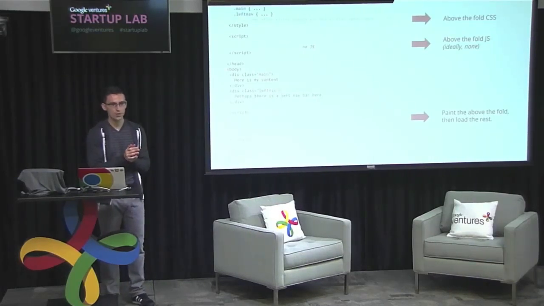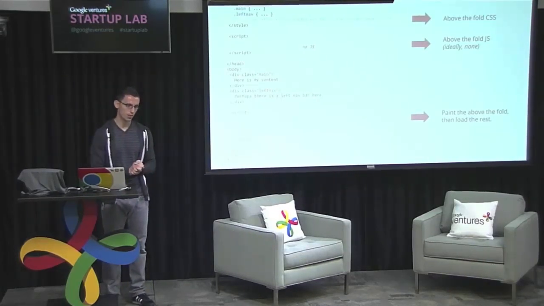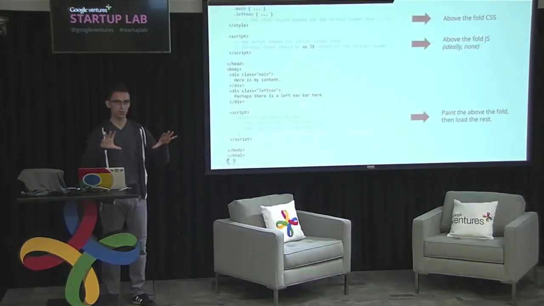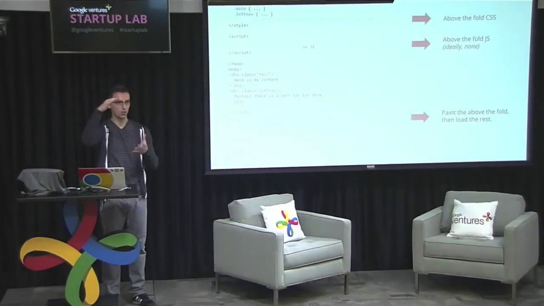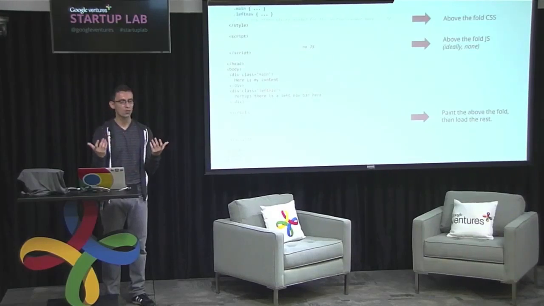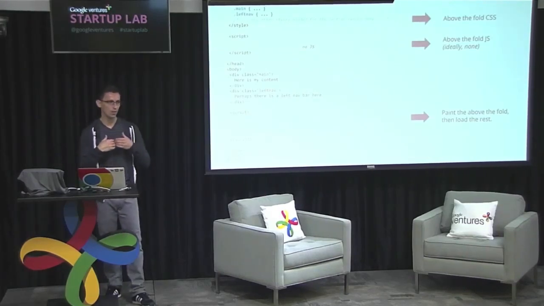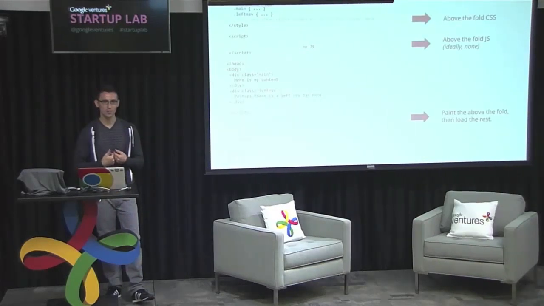Some of the tricks that are being used today, let's look at Twitter and Google+, right? Twitter, if you guys recall, for a while had the experience where you load the page, you have the header, and it's just blank for like 3 seconds. And then it pops in. The reason was because they would render everything in JavaScript, right?